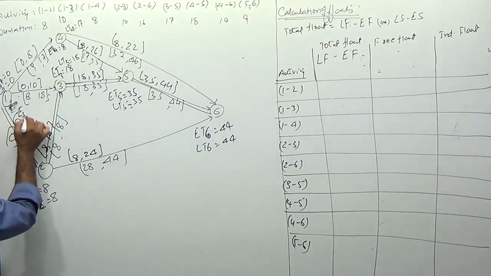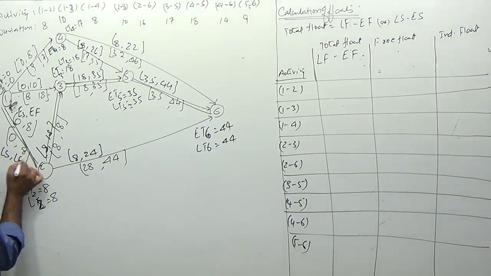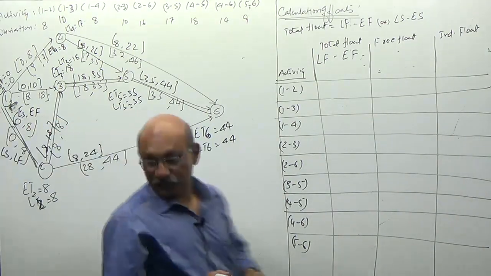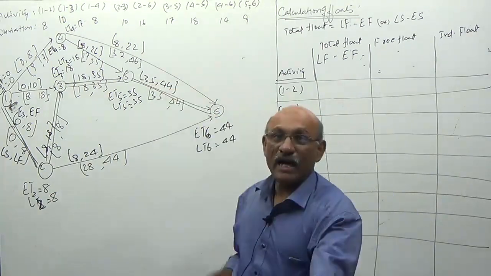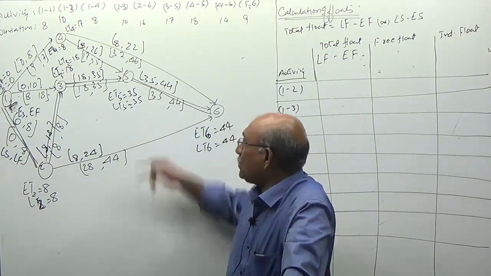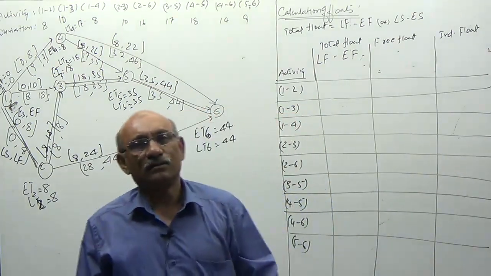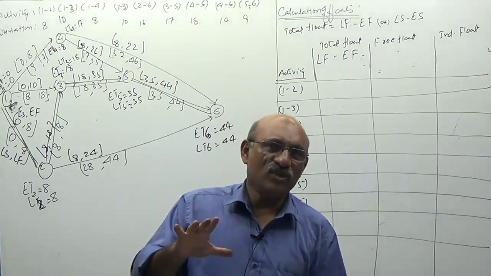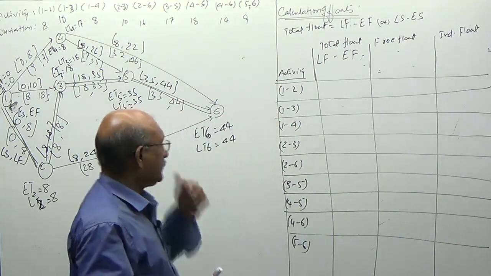This is earliest starting time, earliest finishing time, latest starting time, latest finishing time. Timings which are represented above the arrow are earliest timings, and timings which are represented below the arrow are latest timings.